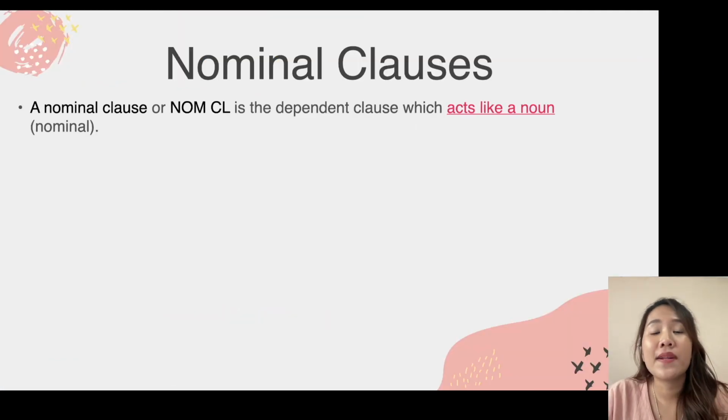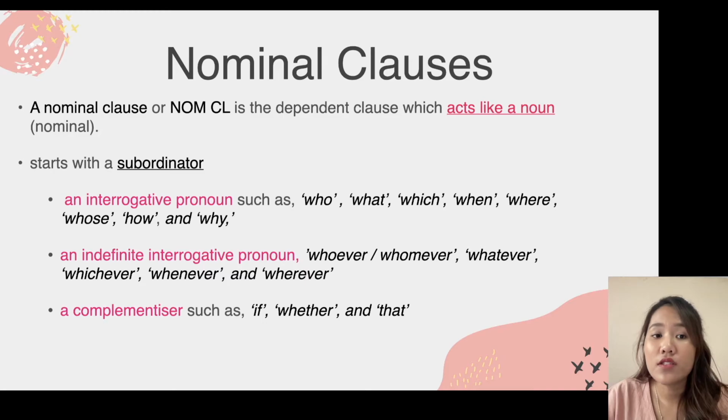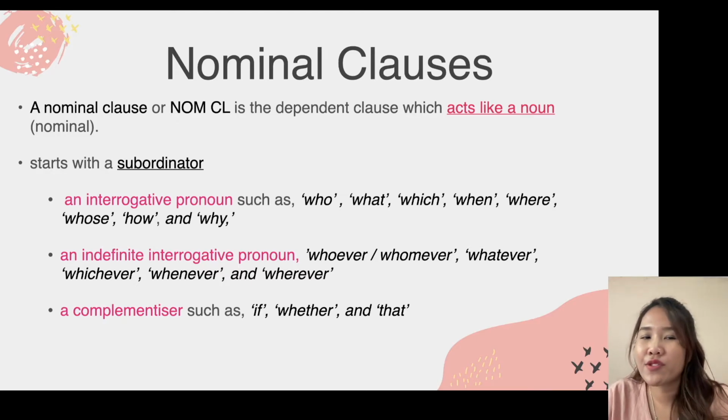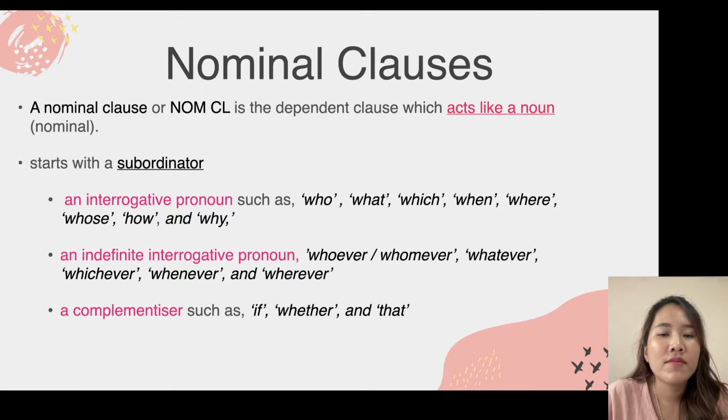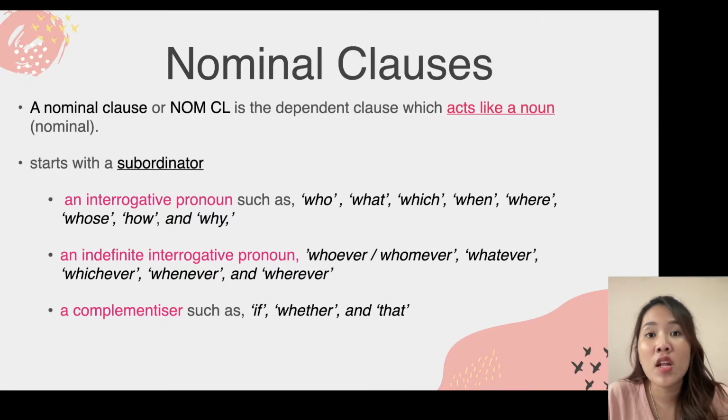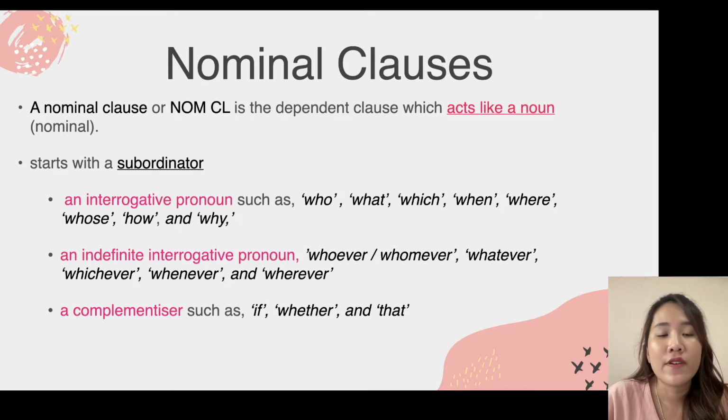A nominal clause is a dependent clause that acts like a noun. That's why we call it nominal. What kind of word it should start with, I don't want you to remember this, since these words are interchangeable with other functions as well.